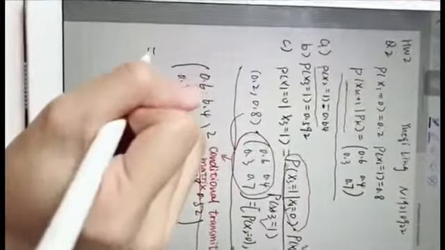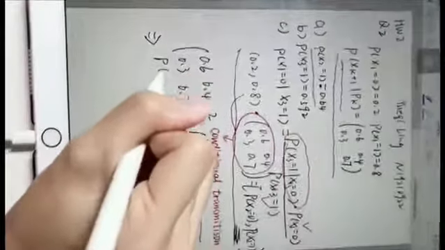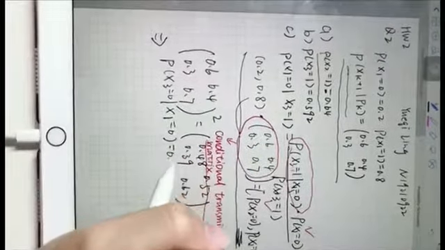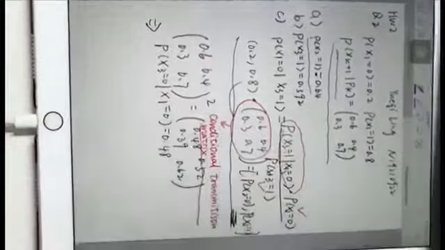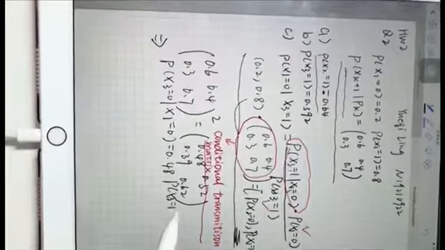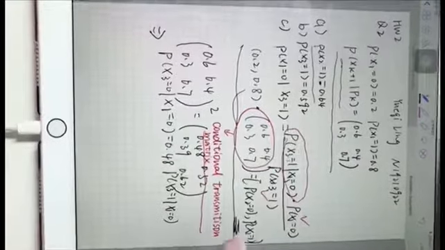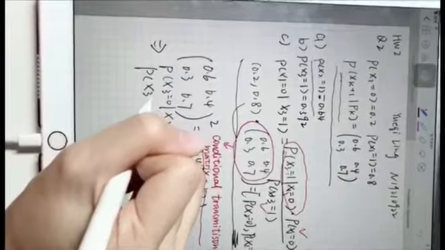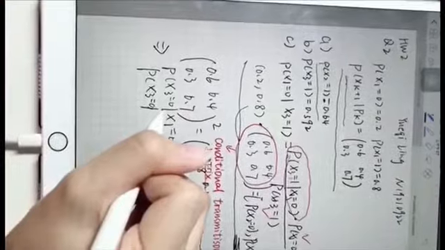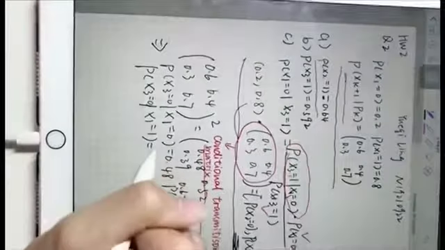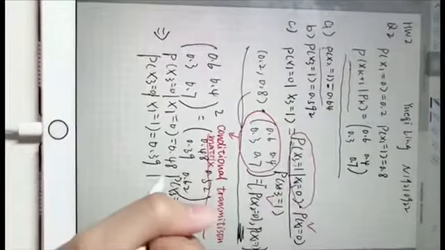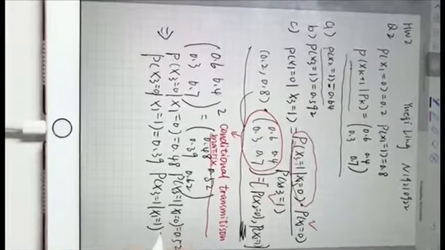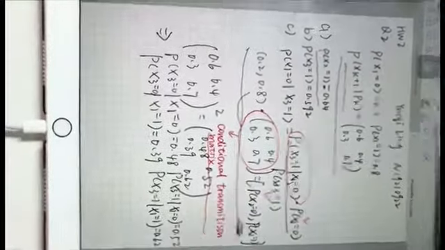We can get from this matrix that the probability of x3 equals 0 under the condition x1 equals 0 is 0.48, and the probability of x3 equals 1 under the condition x1 equals 0 is 0.52, and the probability of x3 equals 0 under the condition x1 equals 1 is 0.39, and the probability of x3 equals 1 under the condition x1 equals 1 is 0.61.